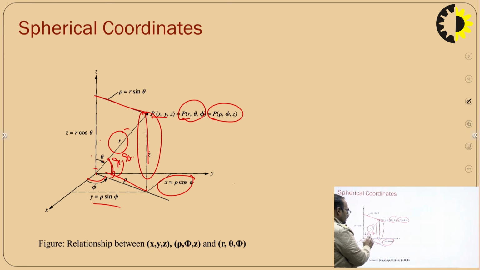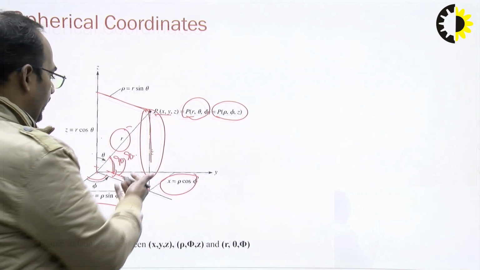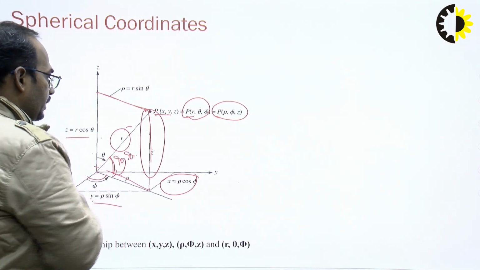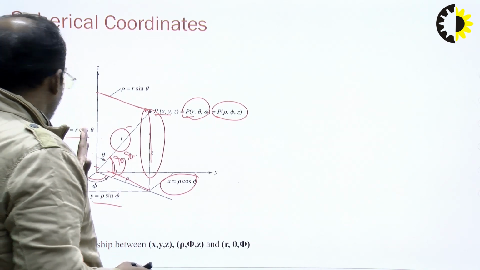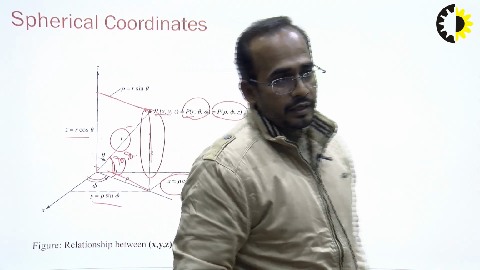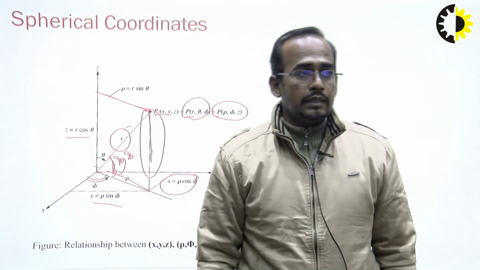This will be 90 minus theta, because this angle is theta. So this plane is making a 90 degree angle with the xy plane. So the value of z will be equal to r cos theta. This will be the base, and this will give z equal to r cos theta. So in this way we can get the values of x, y and z.